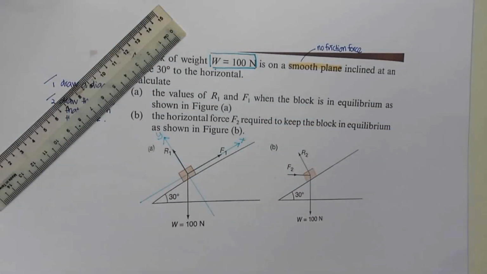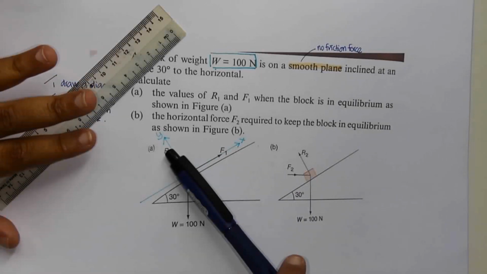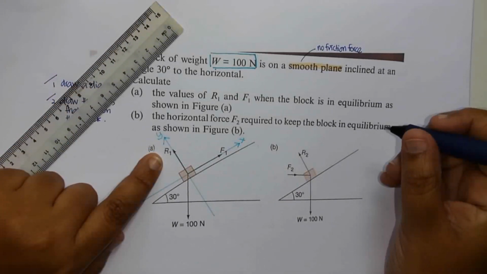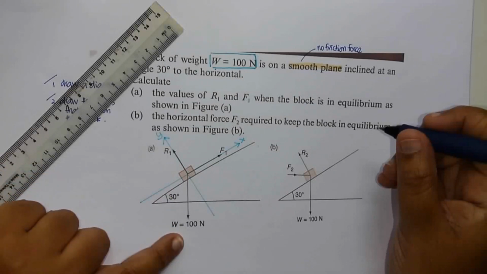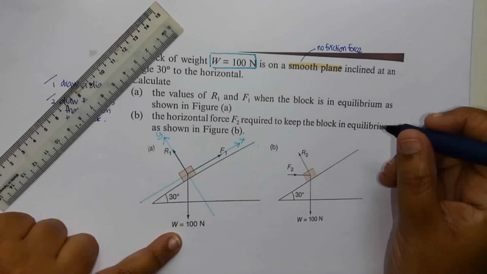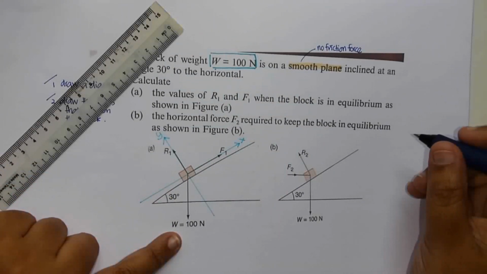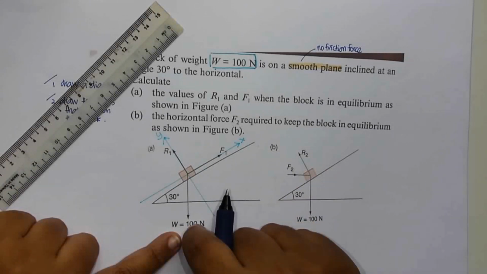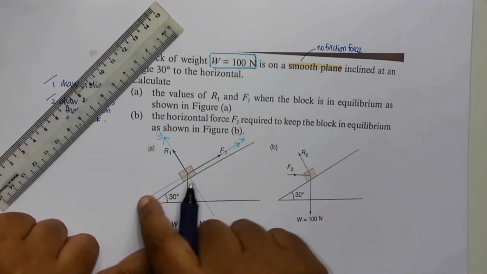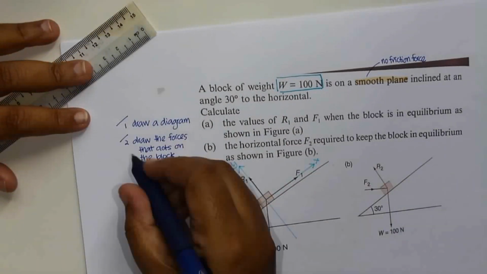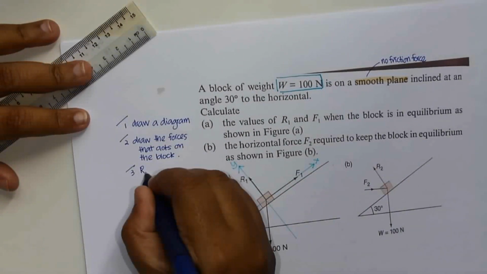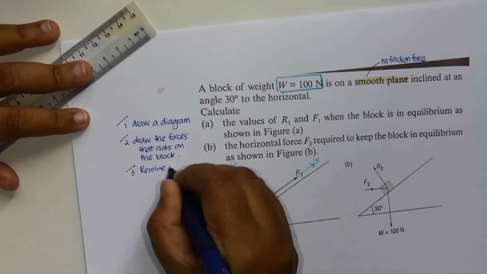Then we see the forces are already given. R1 is the normal force, and then we have the weight, which is 100 Newton. Now we need to resolve the forces that are not in the y-axis and x-axis.